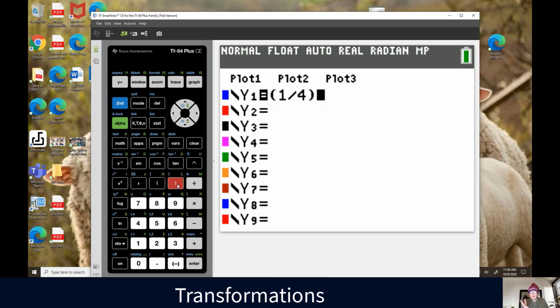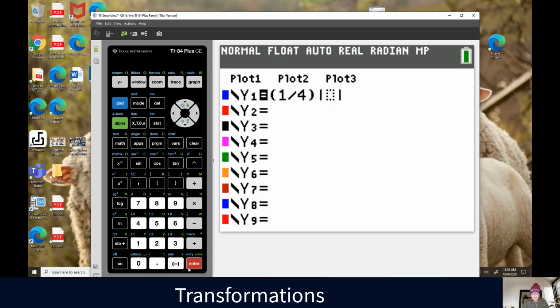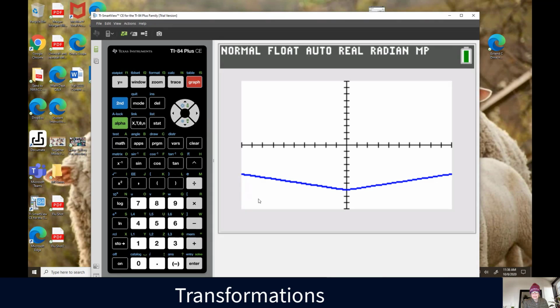If you already know that, don't worry with the parentheses and the 1/4. Just say 0.25. Math, right, enter. The absolute value of X, you've got to move to the outside to do your minus 7. Now graph that. See, there it is. That would tell you definitely which graph is correct.